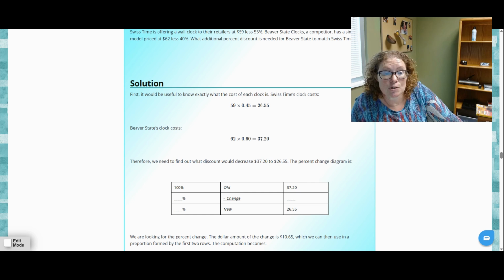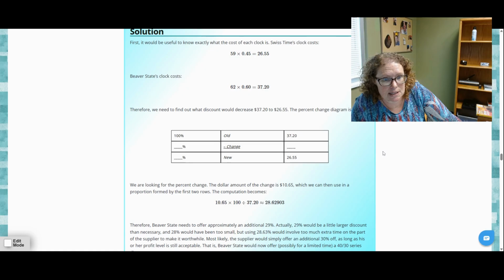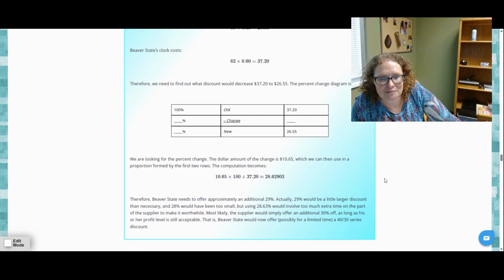Beaver State's clock costs $37.20. So we want to find out what discount would decrease $37.20 to $26.55. So again, we look at our little chart, we put everything in our chart, and we look for the percent change. So Beaver State needs to offer approximately an additional 29%.